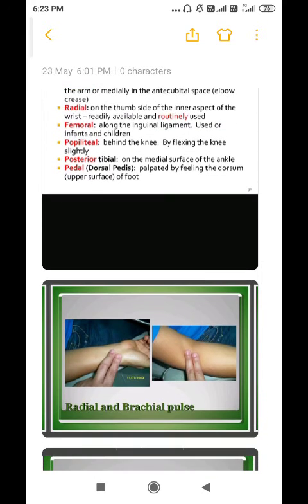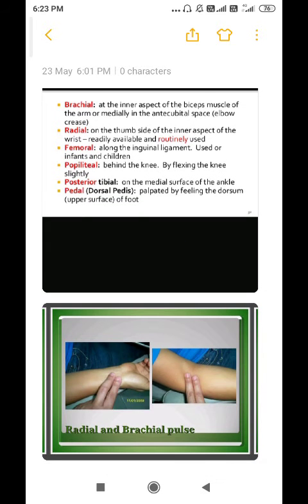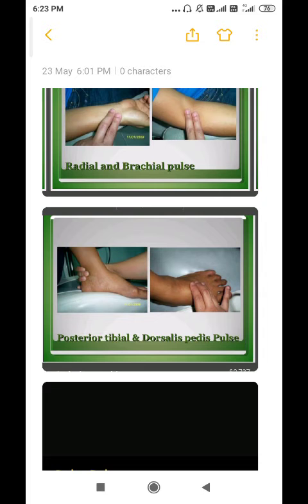And posterior tibial, on the medial surface of the ankle. Pedal, dorsalis pedis, palpated by feeling the dorsum, the upper surface of the foot. Here we see posterior tibial and dorsalis pedis pulse.